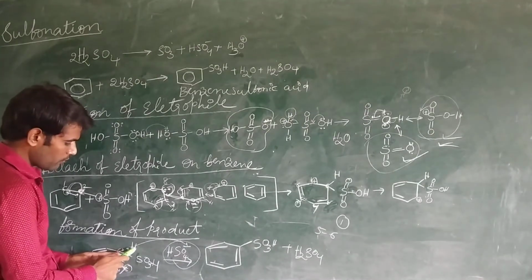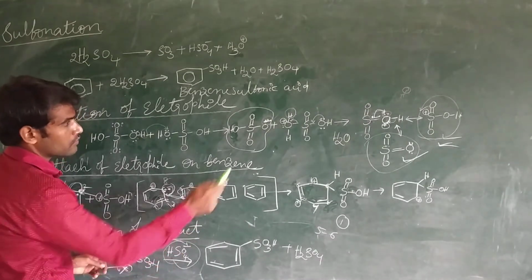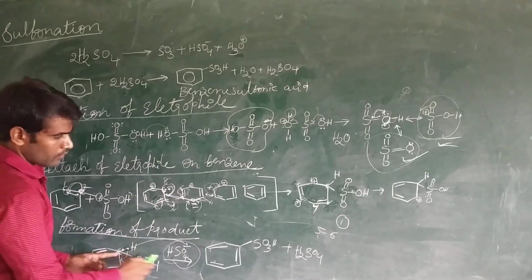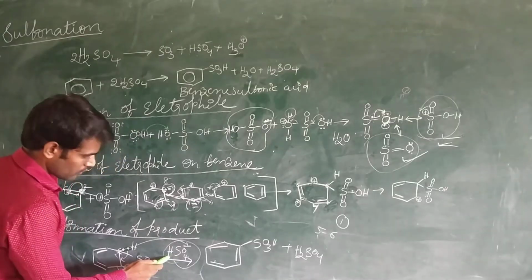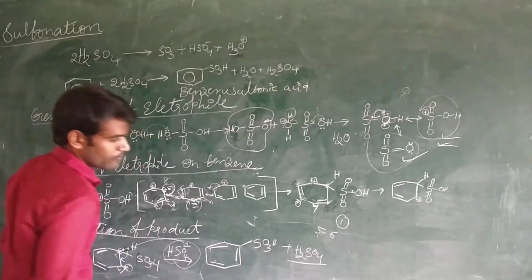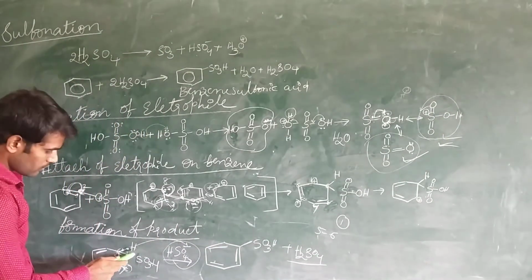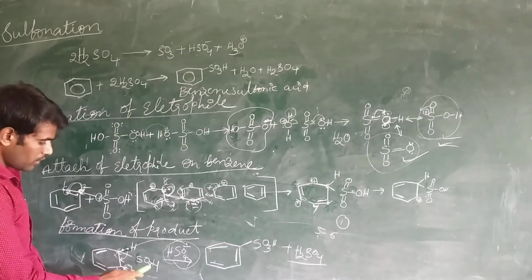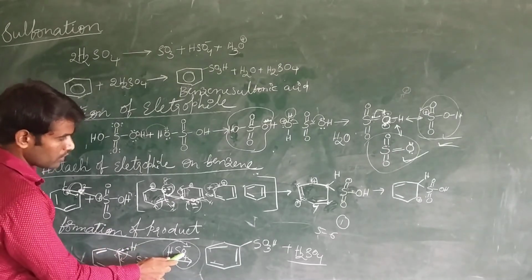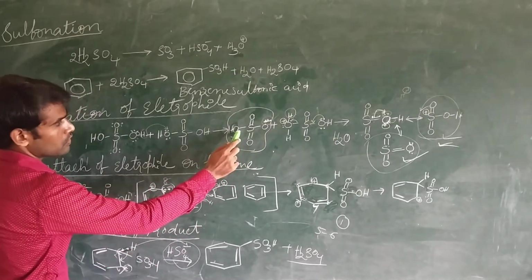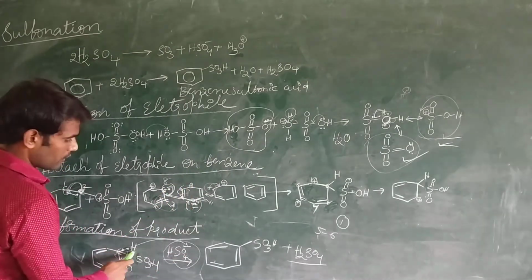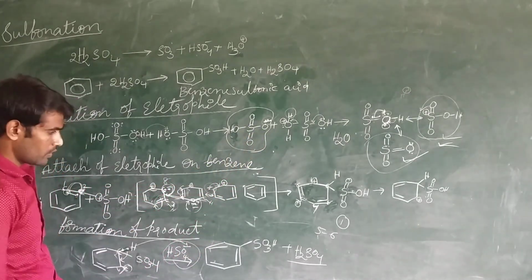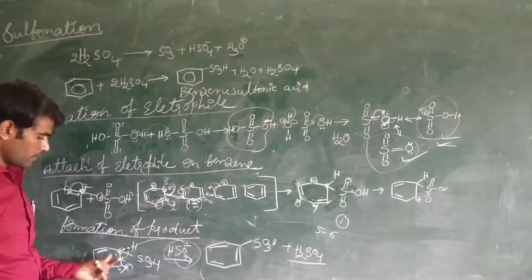Now there is a new bond formed between the oxygen and hydrogen. That's why HSO4 minus is converted into H2SO4, because the bond between the carbon and hydrogen is broken. That hydrogen reacted with this oxygen atom of HSO4 minus, finally converted into H2SO4.